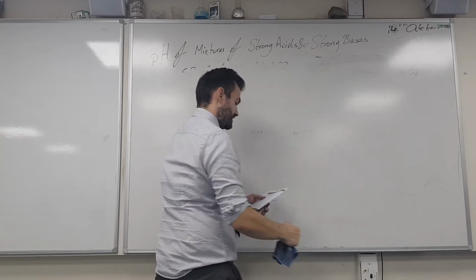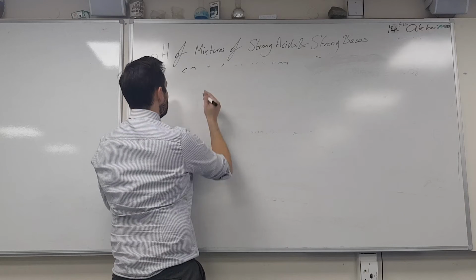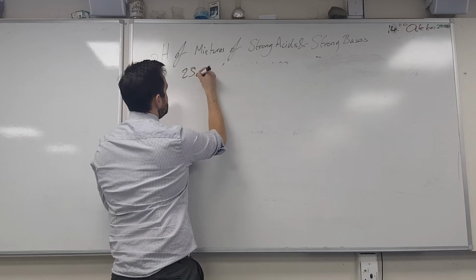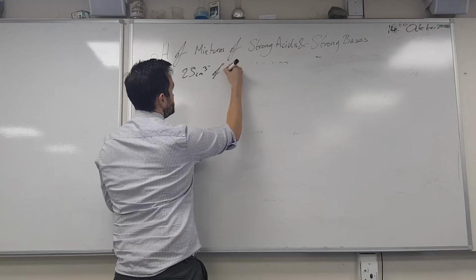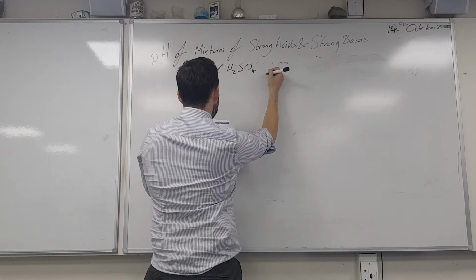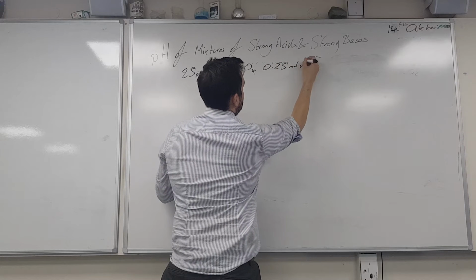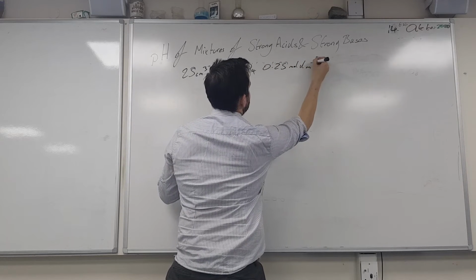If we look at their next example, again because their numbers will be easy, we've got 25 centimetres cubed of H2SO4 with a concentration of 0.25 mol per dm-3.